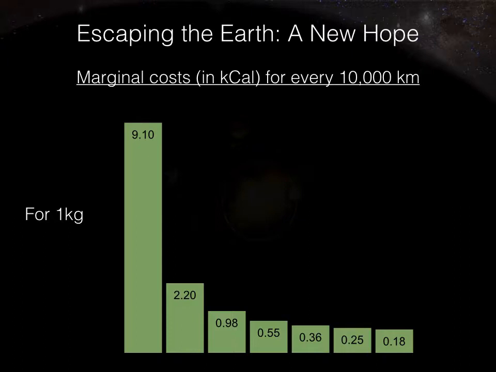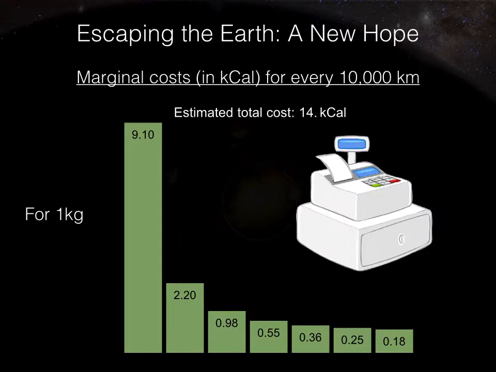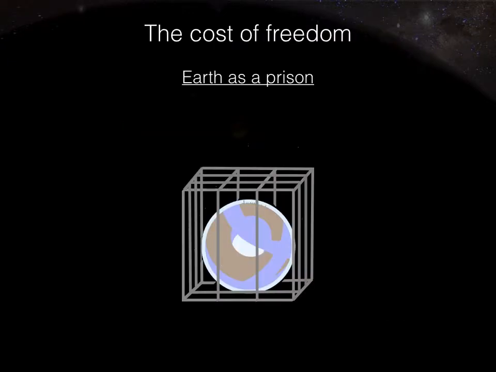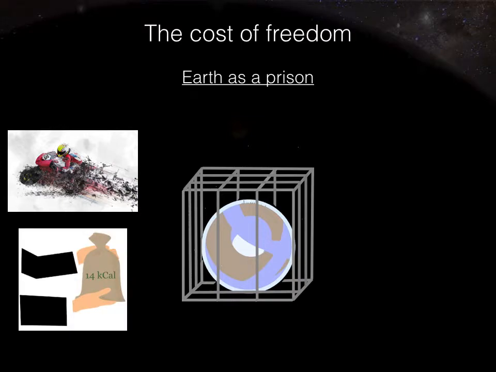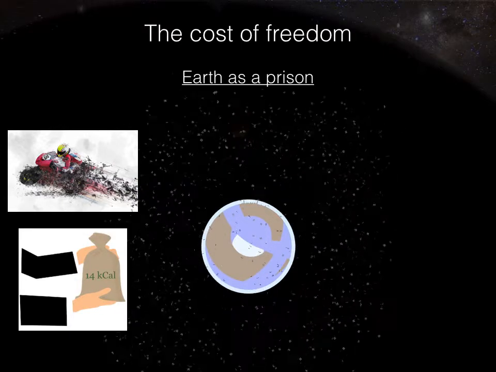Now you could continue this game up to infinity, and if you were to add all of this cost, it turns out that you end up with a finite amount to pay, which in this particular case is estimated at about 14 kilocalories. This number is very important, because for an object of 1 kilogram, it tells you that you're in a prison, yes, but if you go fast enough to pay the actual cost of freedom, then you're free.